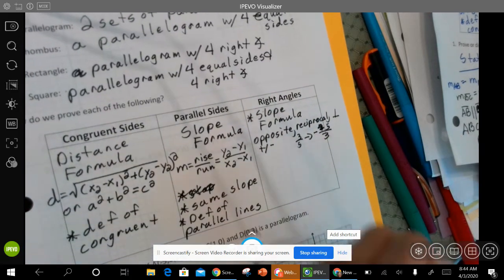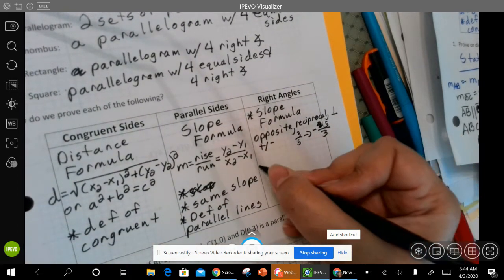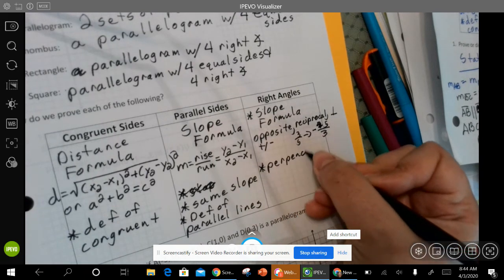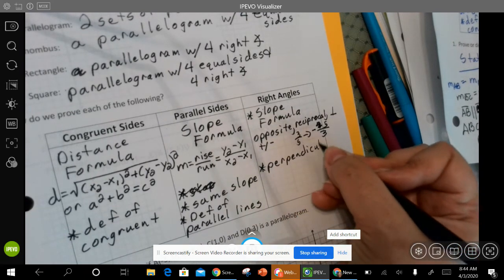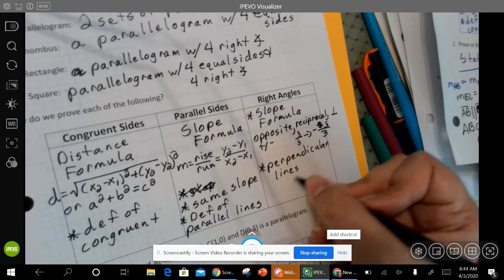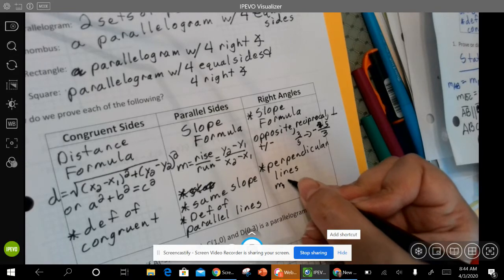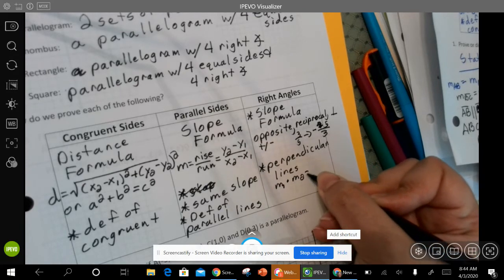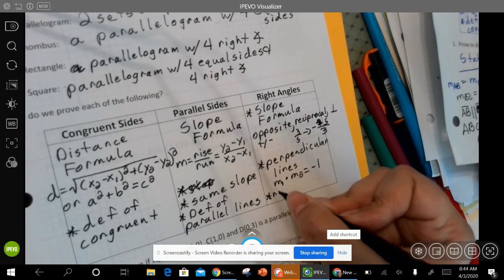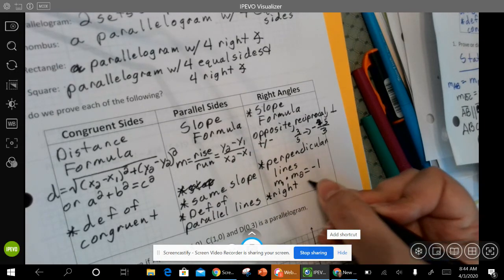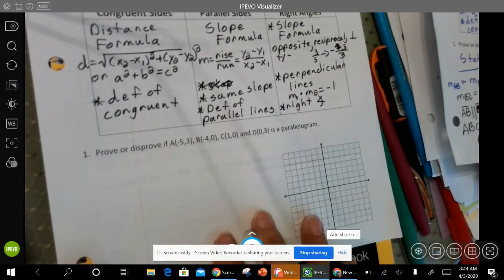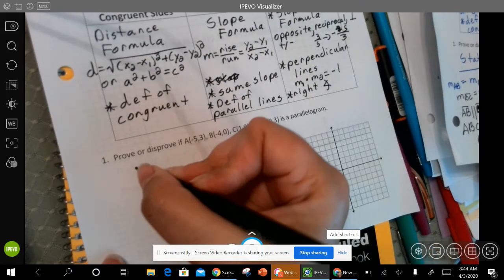Okay, so perpendicular lines. So remember, when we multiply those two slopes together, they should equal -1. Okay, and then that means that if they're perpendicular, they form right angles.